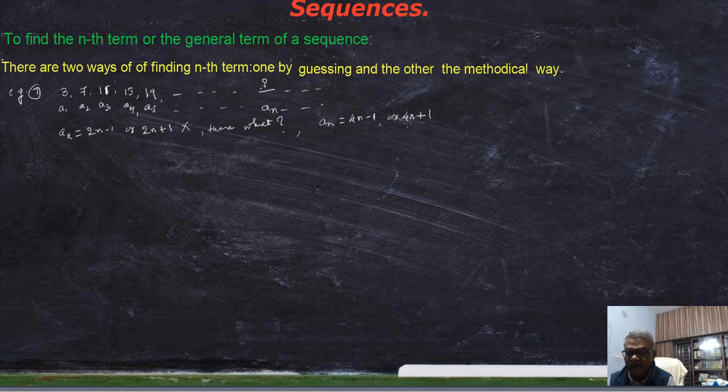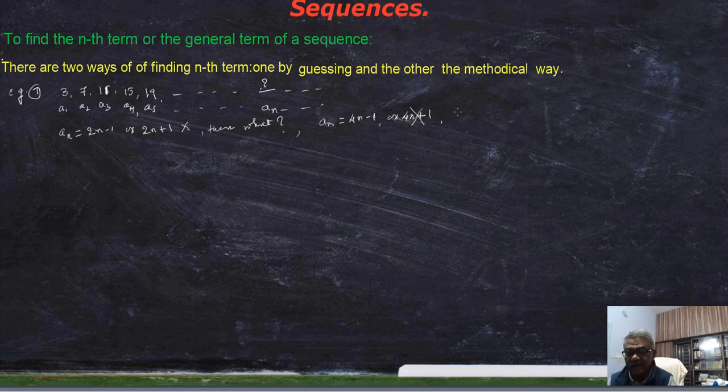If you take n is equal to 1, this is going to be 4 into 1 plus 1, that will give 5, and this is not right. If you take n is equal to 1 in the earlier case, that is 4 into 1 minus 1, that is going to be 3.